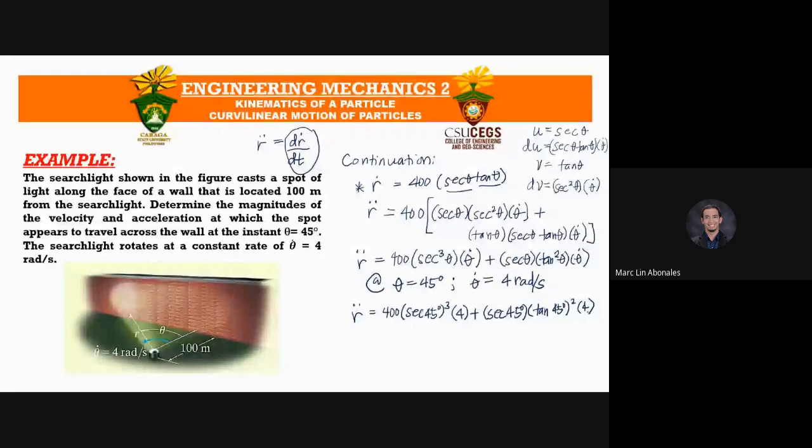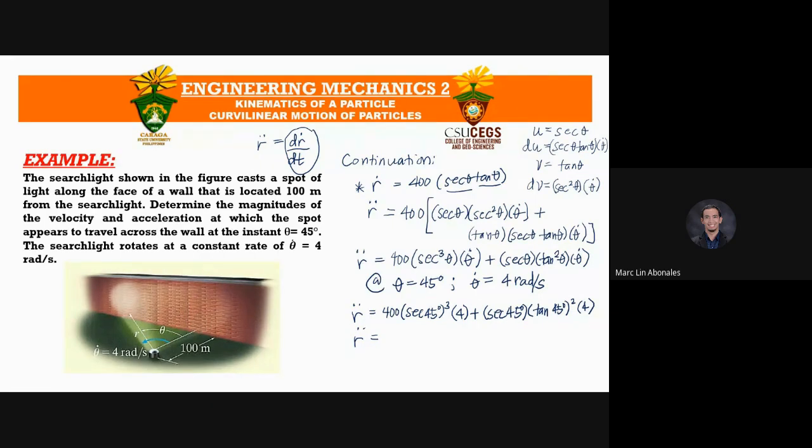O pila man na to ang value sa r double dot na to. Pila man itong value sa r double dot. So, 400, 1 over cosine.